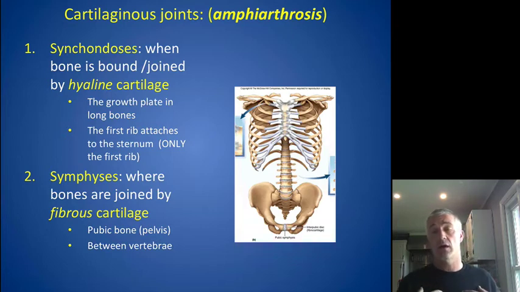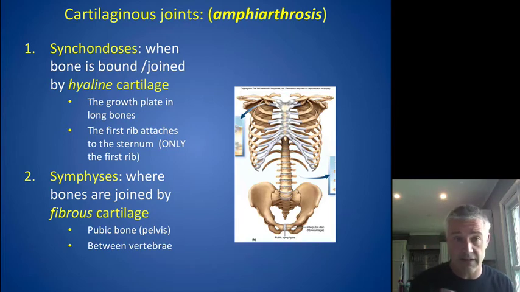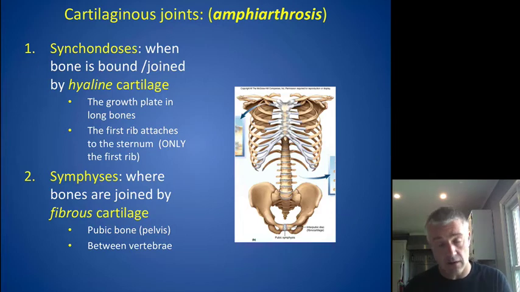Your costosternal joints, for example, are a good example of these. Whereas symphysis or symphyses, these are ones where the bones are held together by fibrous cartilage. Your pubic symphysis is a good example. Your intervertebral discs would also be a symphysis or symphyses.